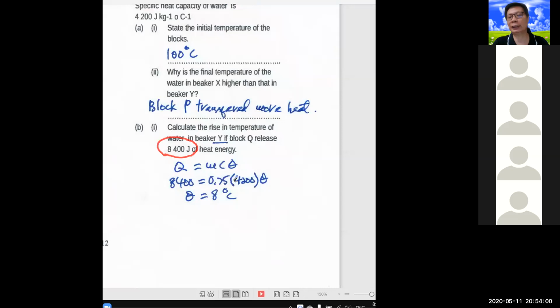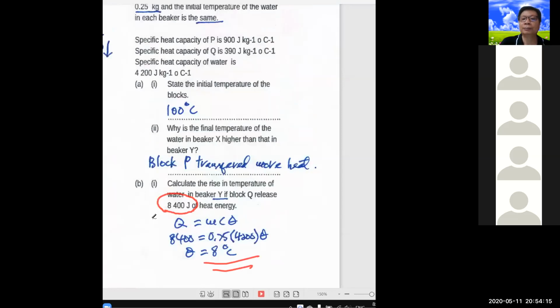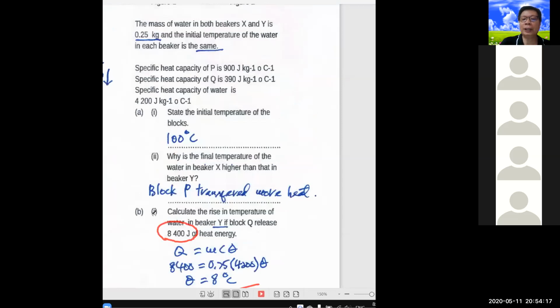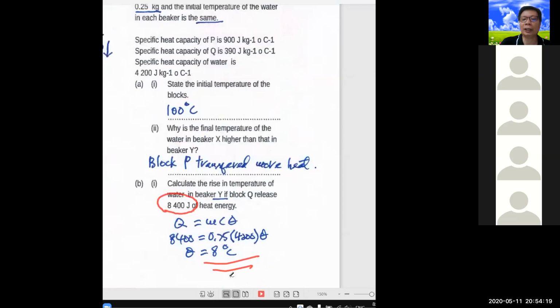C is the specific heat capacity of water, 4,200. The change in temperature is 8 degrees Celsius. So the water in beaker Y only increased by 8 degrees Celsius. Okay, copy down the answer.